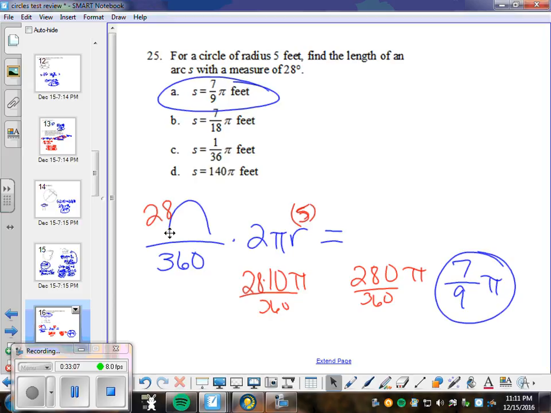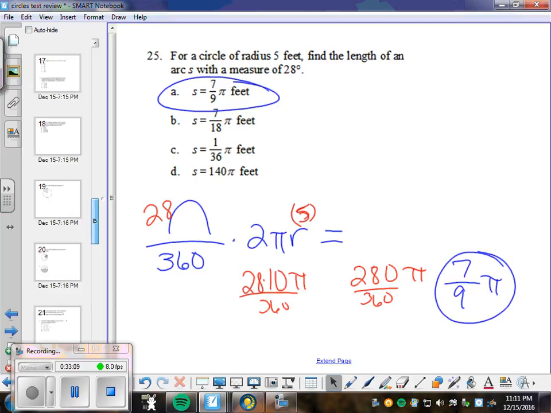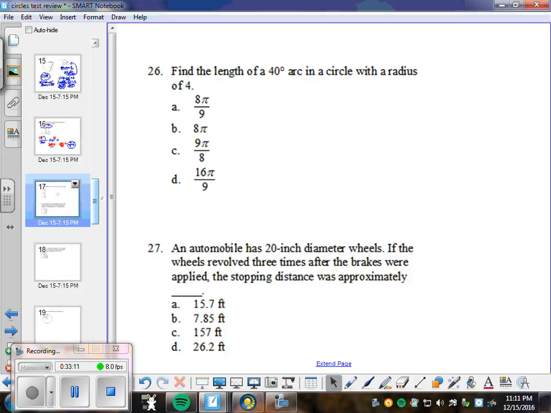Now, number 26. Find the length of a 40-degree arc in a circle with a radius of 4. Okay, so arc length again, over 360 times 2 pi r.